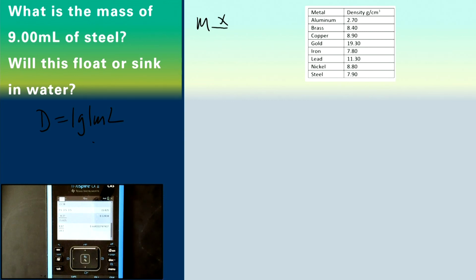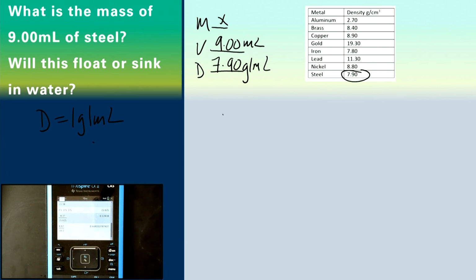My 9.00 mils is going to be my volume. My density is provided on the right hand side. So my density of my steel is 7.90 grams per milliliter. And again, milliliter and centimeter cubed are used interchangeably.